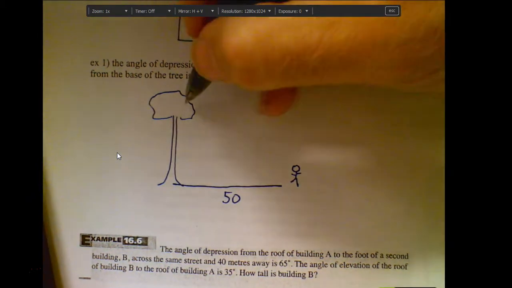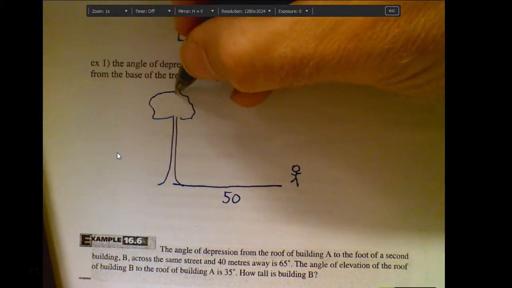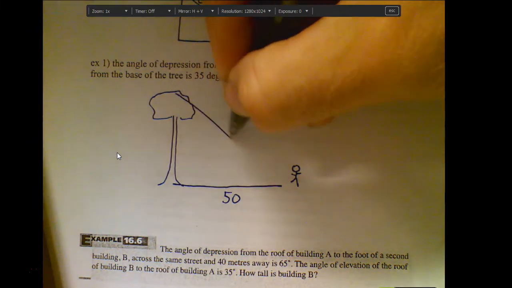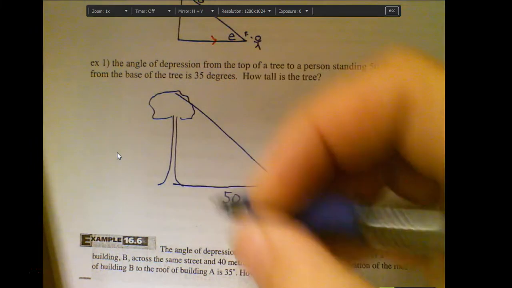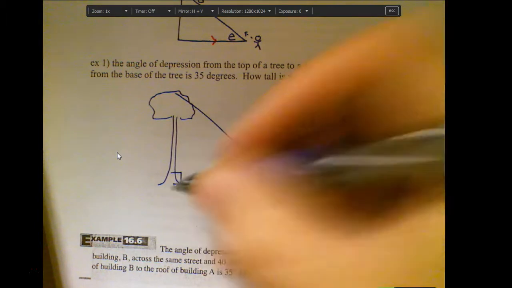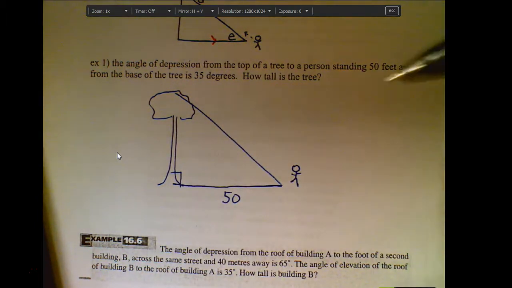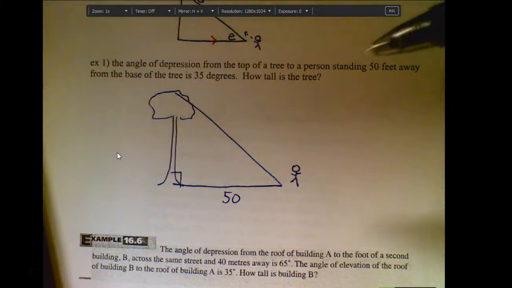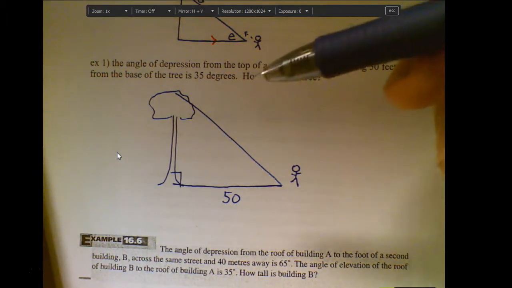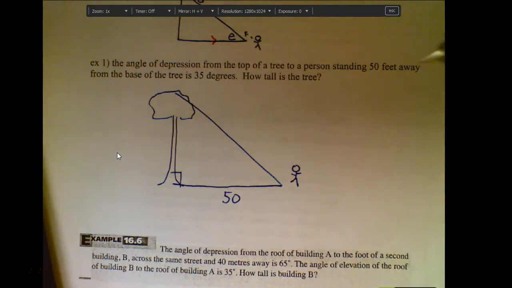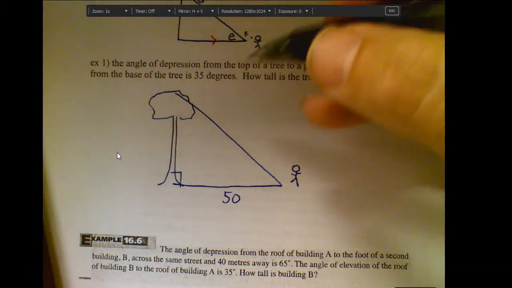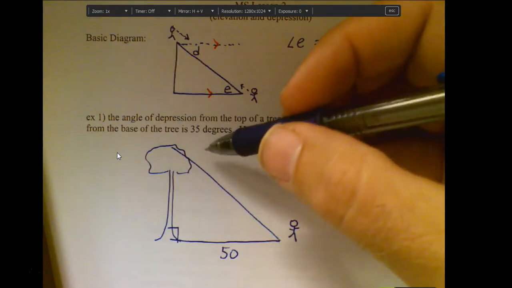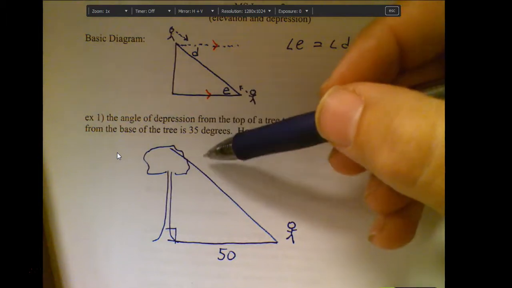So now we create our right triangle out of this. Just like we saw a second ago, if they refer to the angle of depression being 35 degrees, remember what that would mean. The angle of depression, as you see in the diagram right above, would be right here.